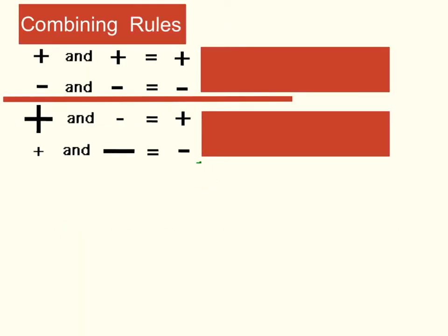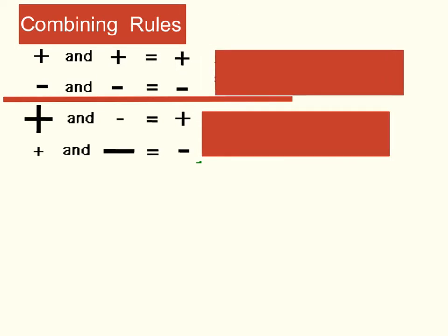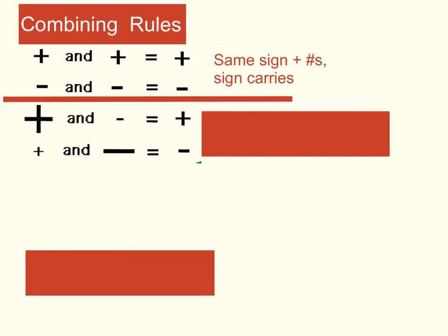So with your combining rules, you're going to let the signs tell you what to do. So in our first part here, with both of these situations, the rule is same sign, add the numbers, your sign will carry.